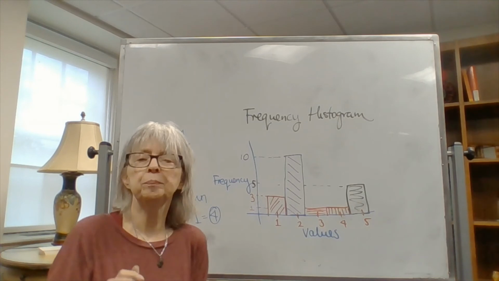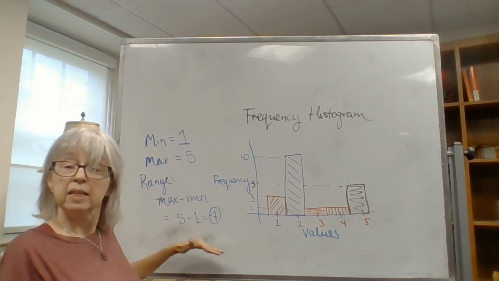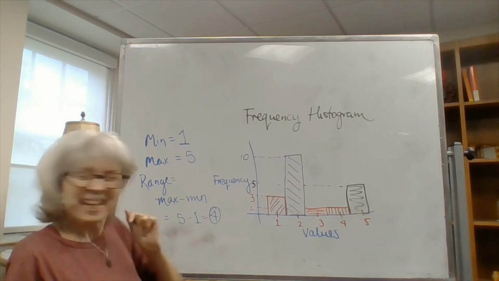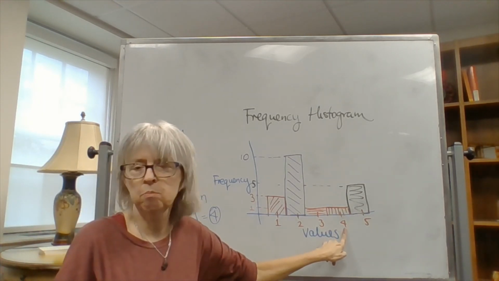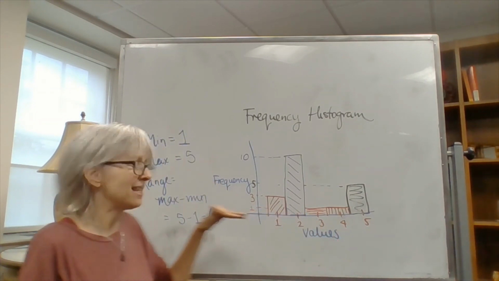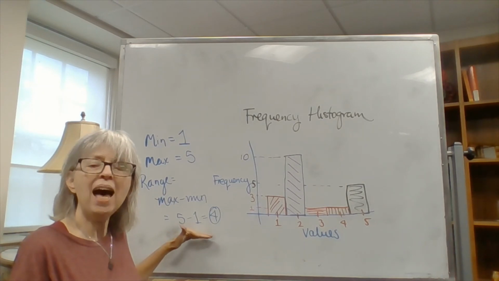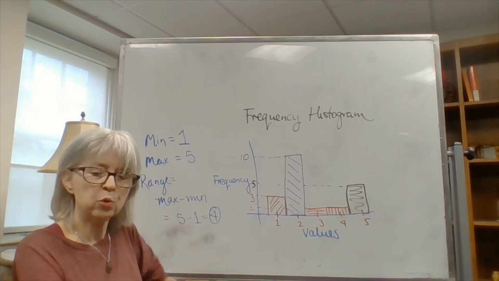Now be careful. That number 4 that I said is the range has nothing whatsoever to do with that number 4 underneath that rectangle right there. It has nothing to do with the values in my data set, the individual values.